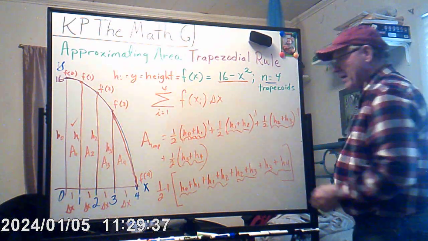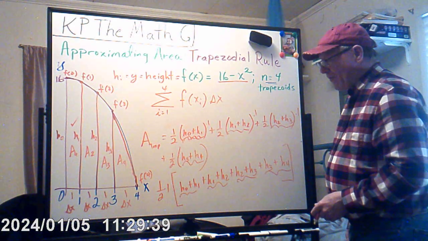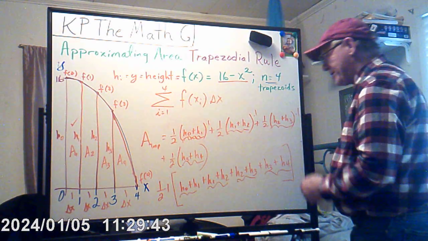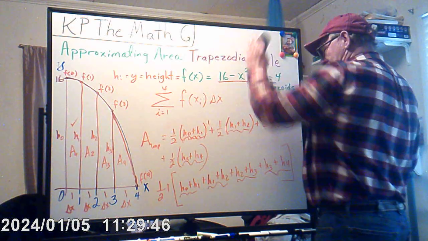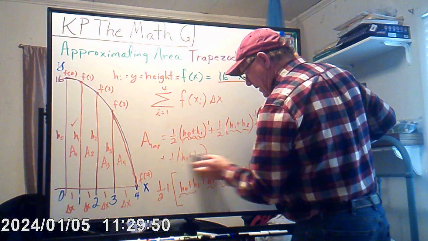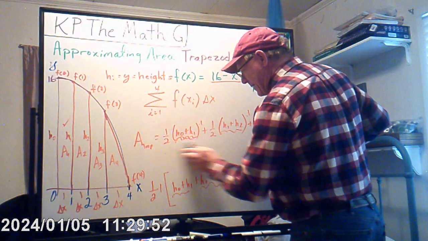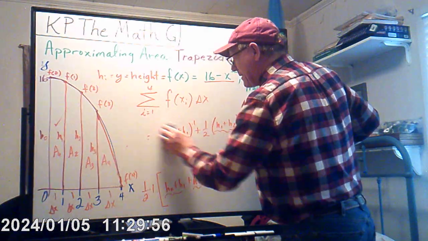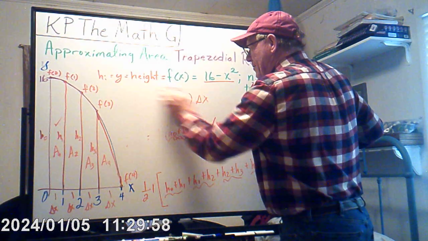Now we're down to here, so let me go ahead and erase. I don't want to flip this over just yet, so I'm going to just erase this. Bear with me while we erase this. I need the room on this side.